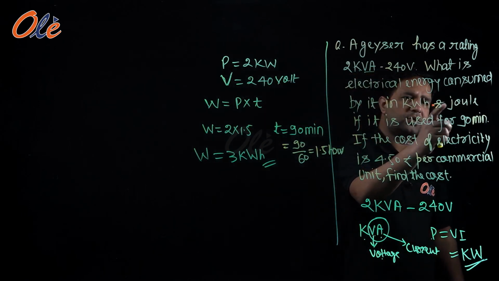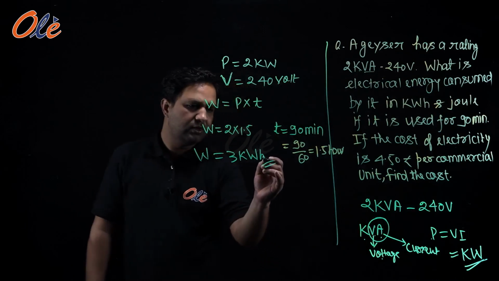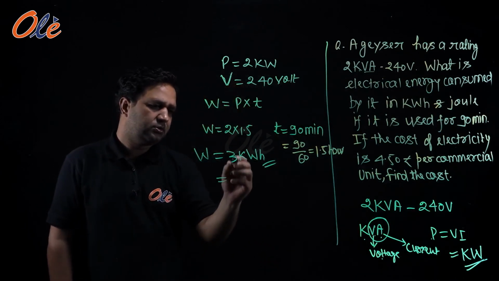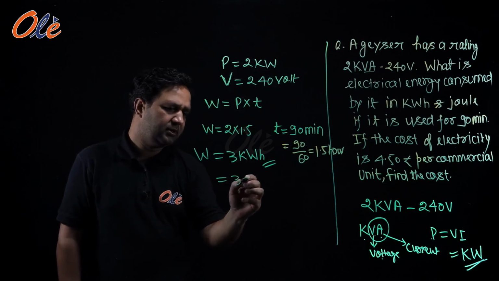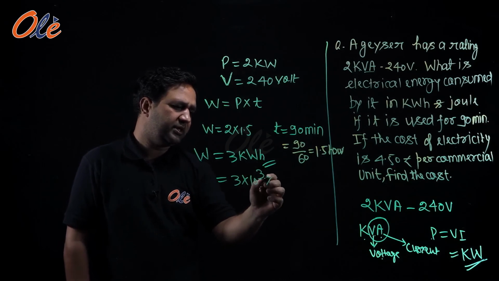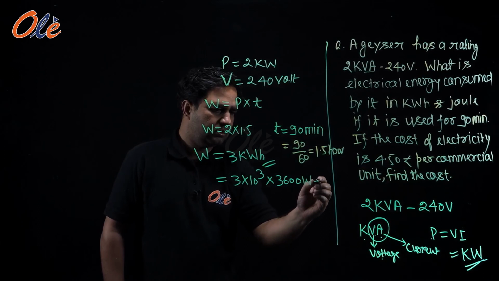We also have to show it in joule, along with kilowatt hour. To show it in joule, we change hour into second and kilowatt into watt. In 1 kilowatt there are 10 to power 3 watt, and in 1 hour there is 3600 watt second.